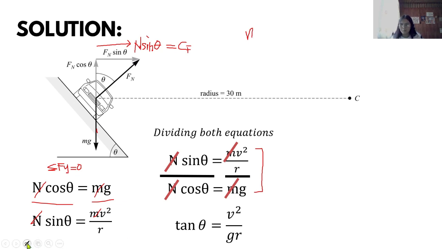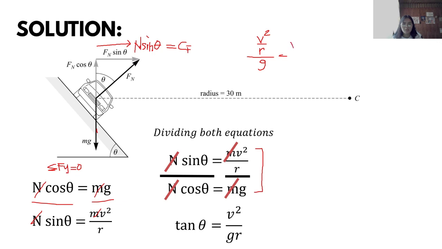Erase natin. So, dito, wala na si mass, diba? Natira si v squared over r over g. Okay, so paano naging v squared over gr?